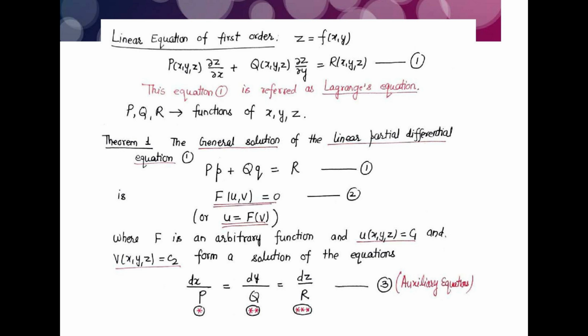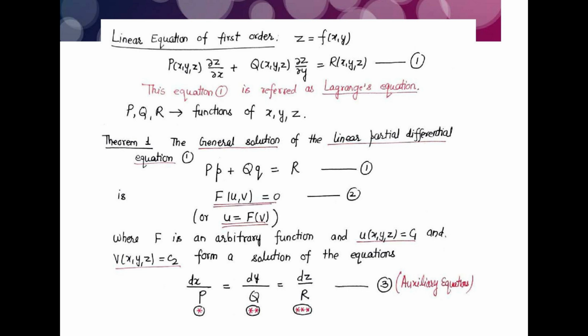This is F of u, v equal to 0, where F is an arbitrary function, u is a function of x, y, z, and v is also some function of x, y, z. Equation number 2 can be written as F of u, v equal to 0, or we can write u as a function of v, or v as a function of u. In all these three forms, we have one arbitrary function.